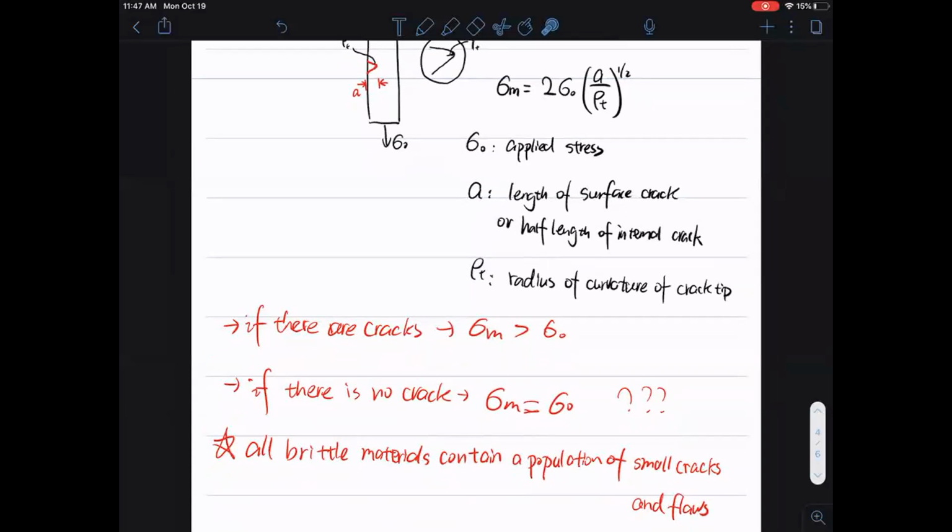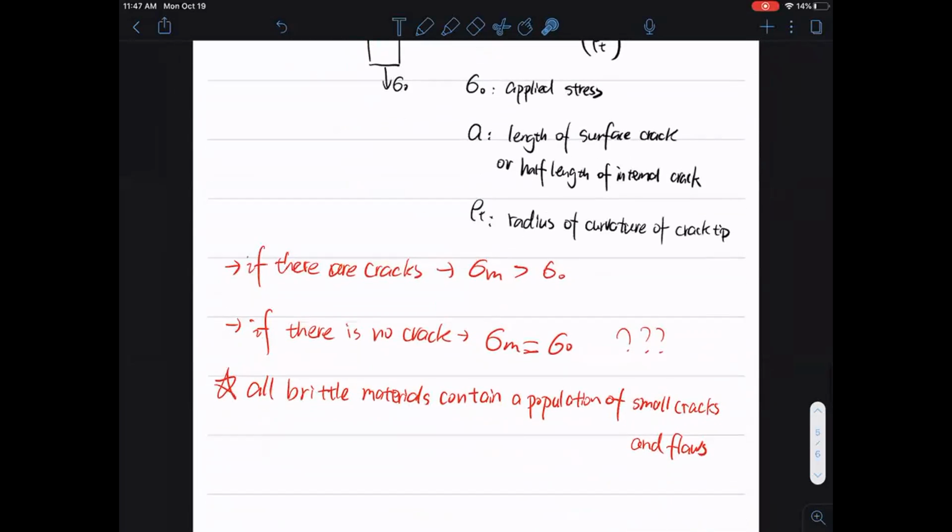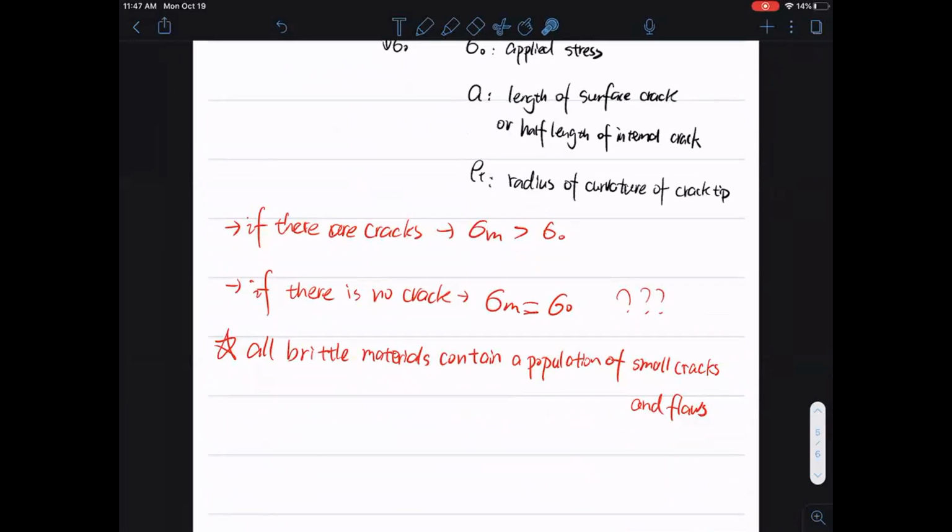And last time we also watched the video. If you have a crack, the crack can propagate, and that speed is super fast. So here, if we have this crack present in this material, when would that crack propagate? Another equation tells us when that crack would propagate.